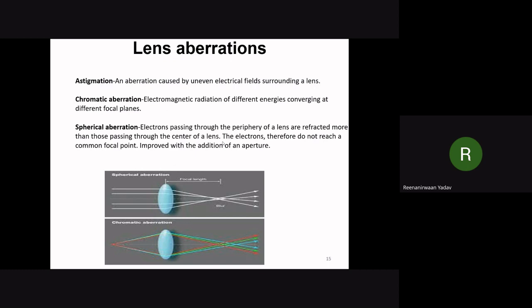Now we come to lens aberration, or lens imperfection. First, we already talked about the stigmator, which is used to reduce astigmatism, mainly the aberration or imperfection caused by the uneven field around an electromagnetic lens. Another is chromatic aberration.